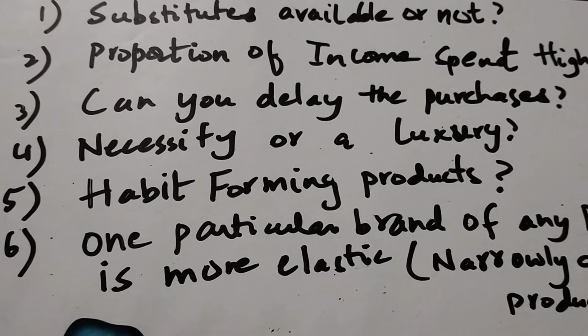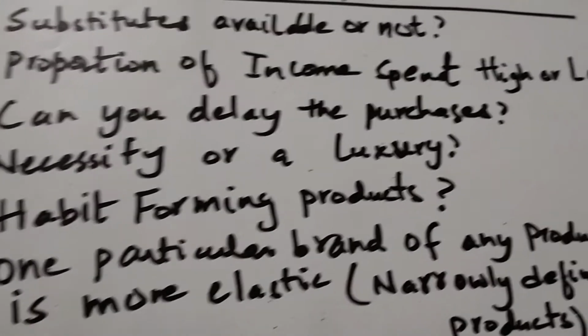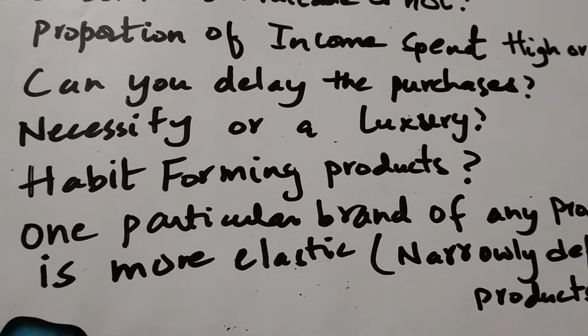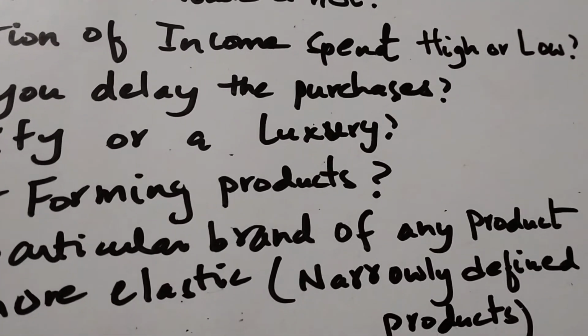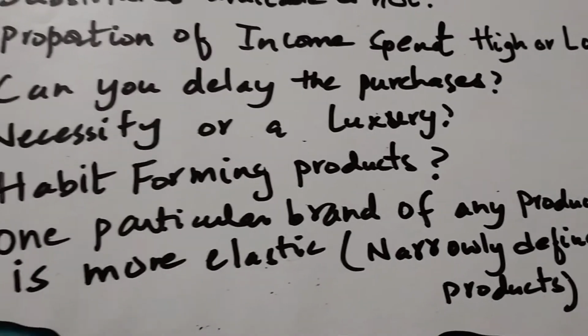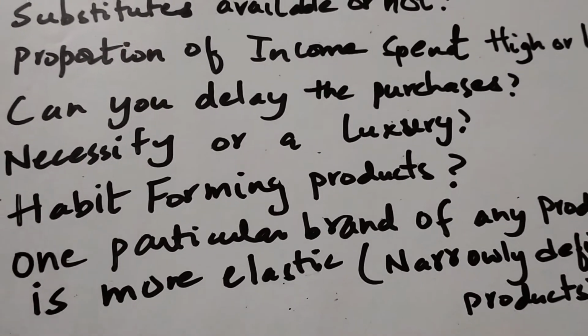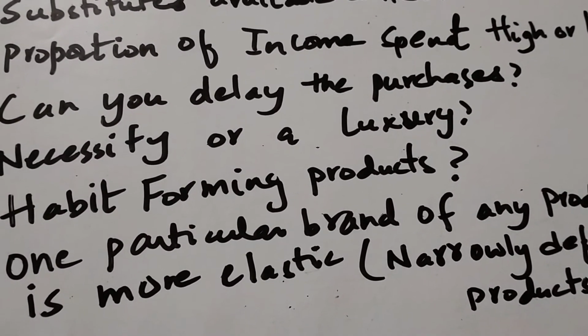And number six is, one particular brand of any product will be more elastic. It is obviously because it is considered a narrowly defined product. So one particular brand will be price elastic.